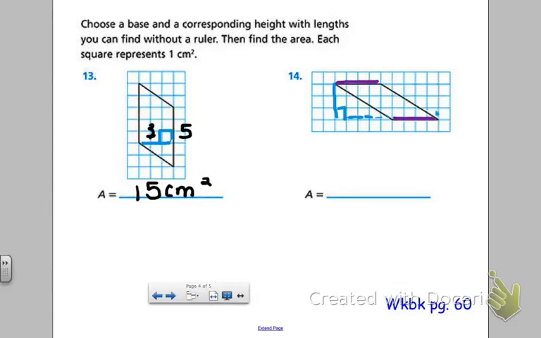So I'm going to go with the first one. And let's see, we've got a base that is 4 centimeters long and a height that is 3 centimeters tall. So now we're going to have an area of 12 square centimeters. So as you go through this page, figure out where would you put the height line. How are you going to make the height perpendicular to the base?